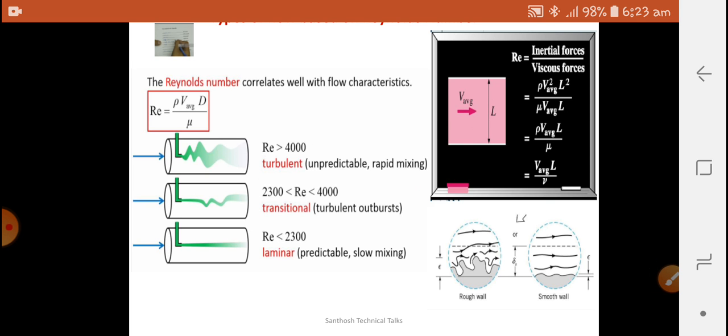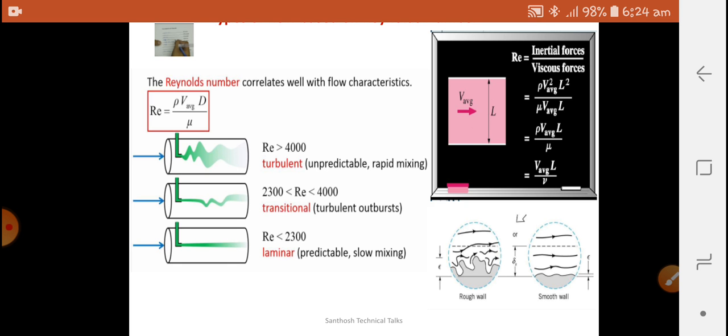And this flow characteristic, the flow path, is also affected by the surface finish of the pipe. If the wall is smooth, the characteristics are well defined. If the wall is rough, then it will automatically become a turbulent zone. We cannot create laminar flow on a rough surface, whereas we can create laminar as well as turbulent flow in a smooth wall.